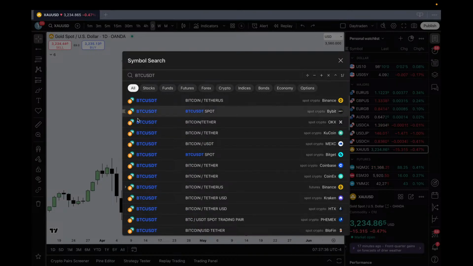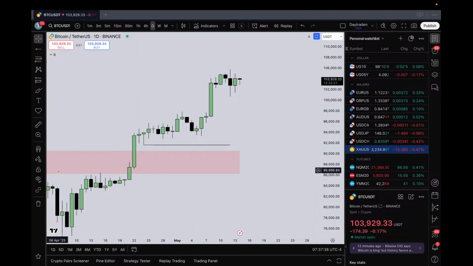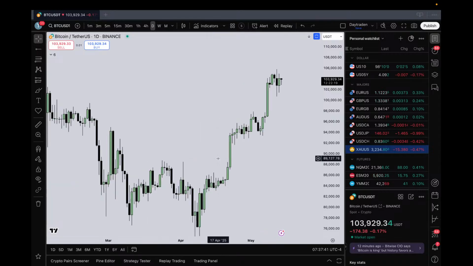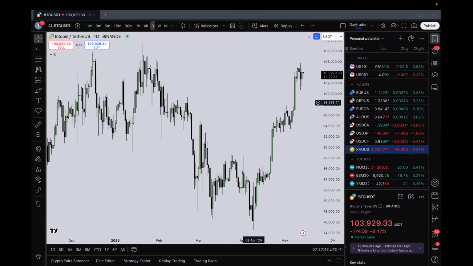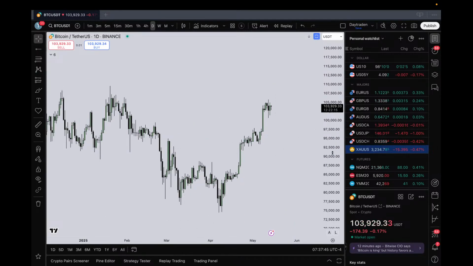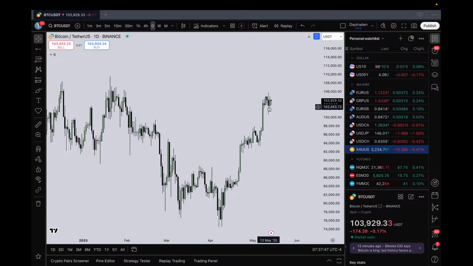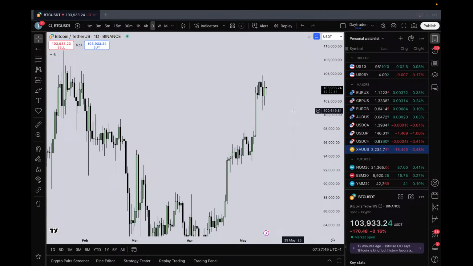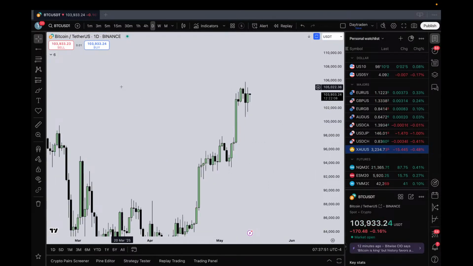BTC USD, let's see. We saw a pretty significant push.